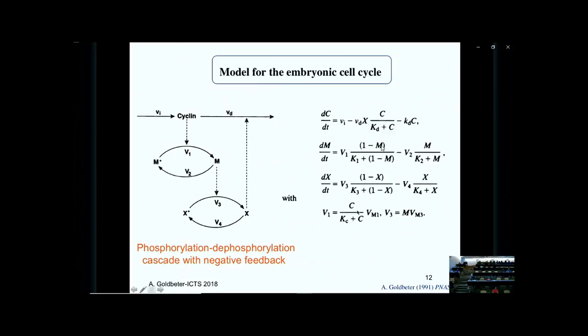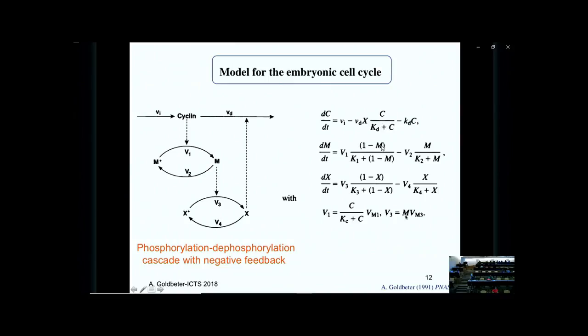And the third equation is for the protease. I have difficulties in using the pointer. So that's a disadvantage of not being present and using a pointer. So dX over dt: the protease is activated by the kinase CDC2. This is the reason why V3, as in the last line, is shown to be equal to a maximum value times the fraction of active CDC2.